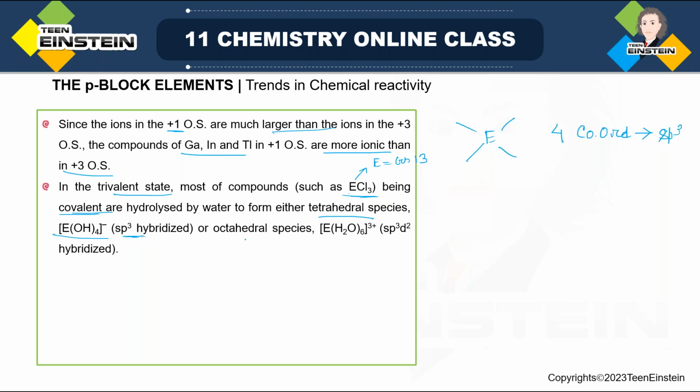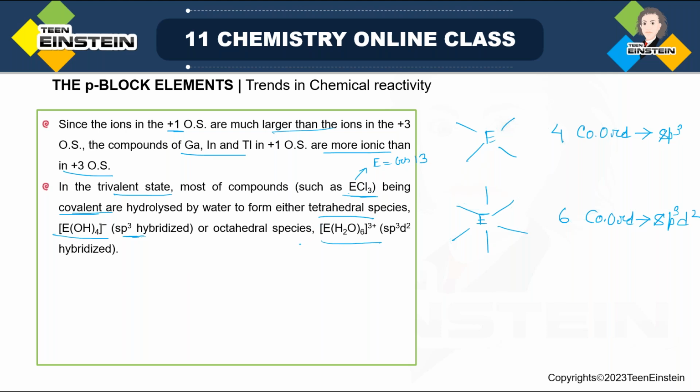Fine. But another type of species may also form, which is E(H2O)6. Now when it is E(H2O)6, that means a total of 6 coordinations, and 6 coordination means the hybridization will change. It will be sp3d2. So depending on different elements, when you are treating these elements in their +3 oxidation state with water, that is a hydrolysis reaction, in some cases we will get tetrahedral species.